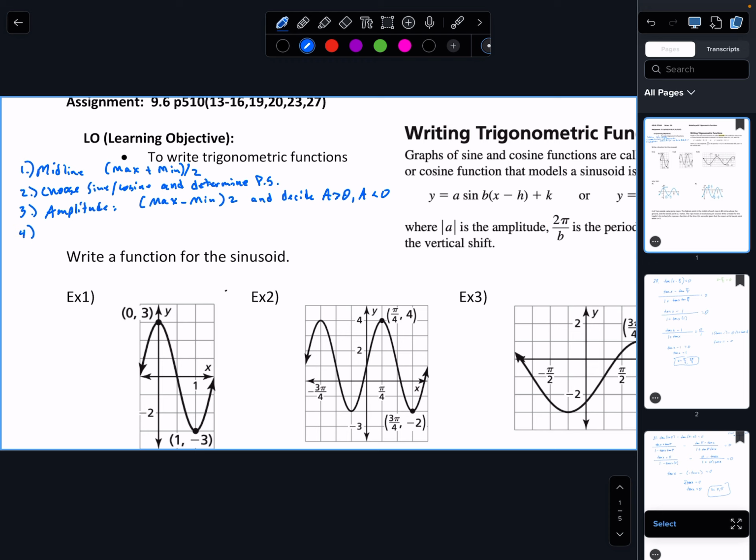And then fourthly, you need to find the period. And you need to find B. You'll calculate B, actually.